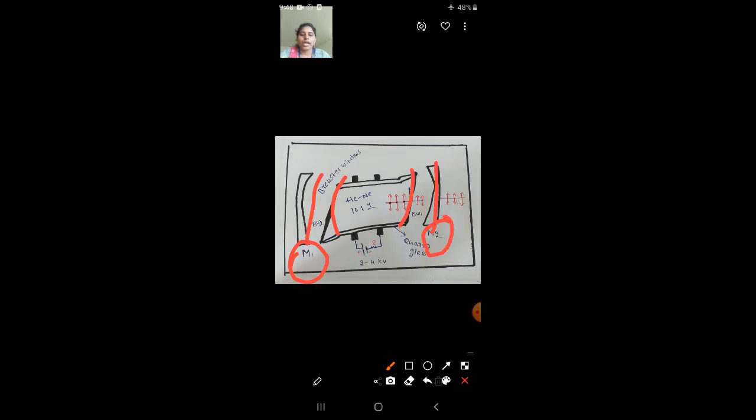The M1 mirror is fully reflecting, that means 100% silver coating, and the M2 mirror is partially reflecting, that means half silvered. And this active medium has two ends with Brewster windows, denoted by BW1 and BW2.